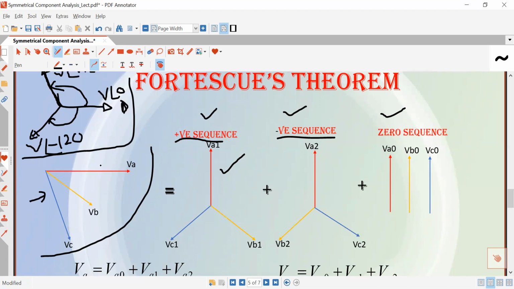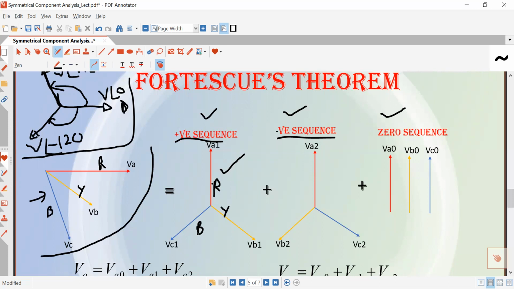You can see here the phase sequence of the original phasor is RYB. I discussed the phase sequence in the previous lecture, so you must go through that video. The phase sequence of this phasor is also RYB.